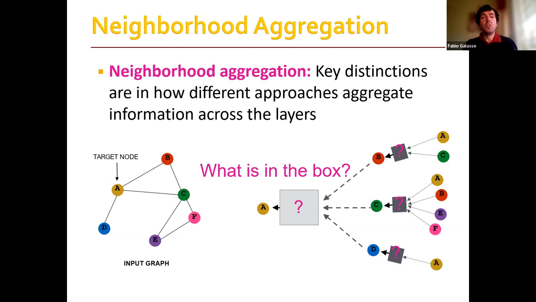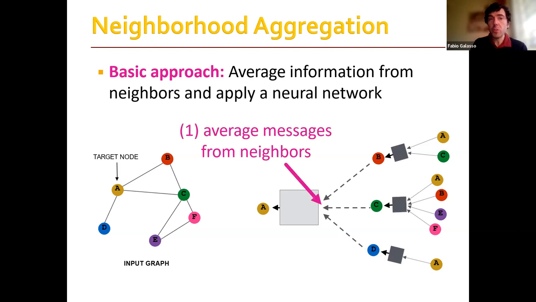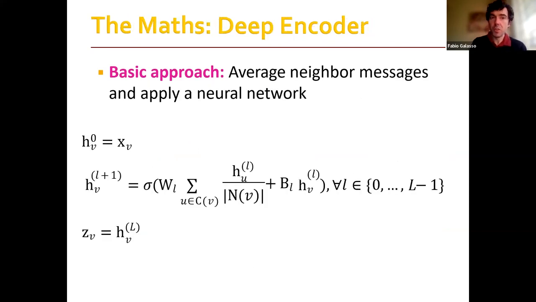Now the key to graph neural networks is actually how you do the aggregation of the neighbors. And so basically, what's in the box? Well, the basic approach, which also turns out to be one of the most effective, is that the messages you can average, the simplest thing. And then afterwards, you apply a neural network. So keep this in mind, because this is exactly what we're going to be looking at in this complex equation.